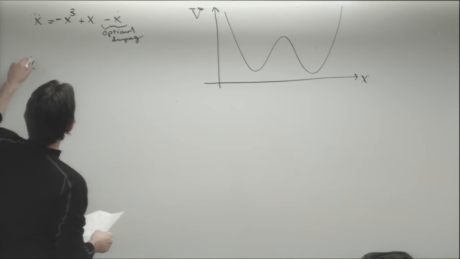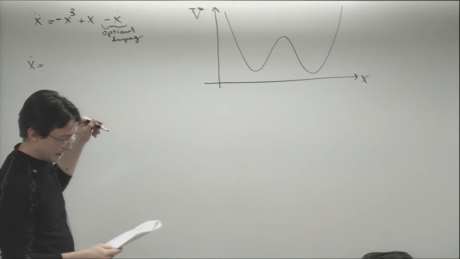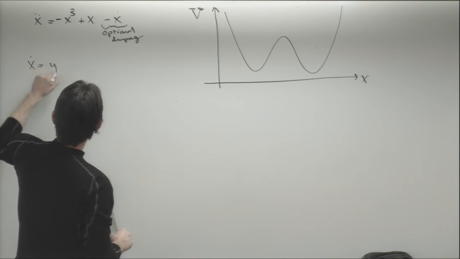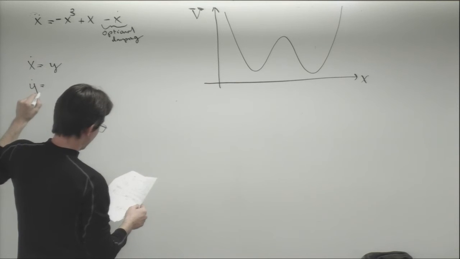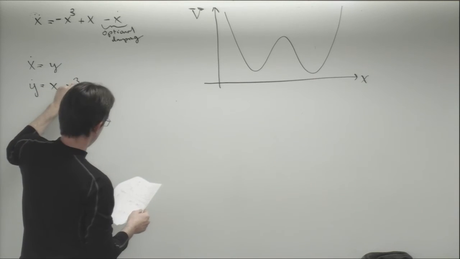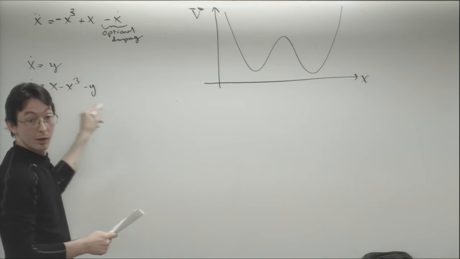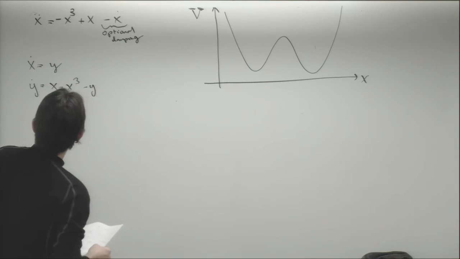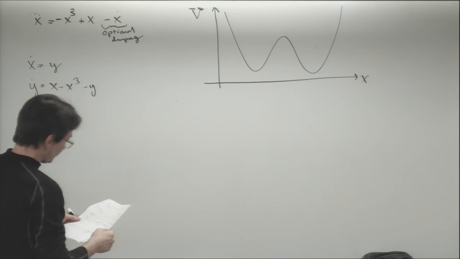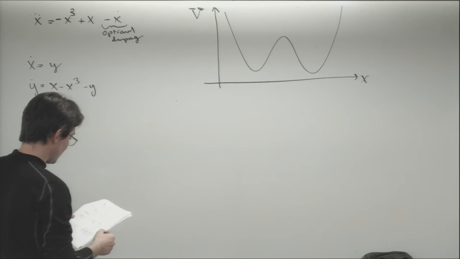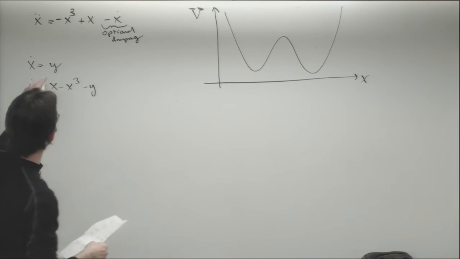So we write this x dot equals y, and y dot equals x minus x cubed, and then again, my damping term is this optional minus y. Okay, so what are the fixed points?